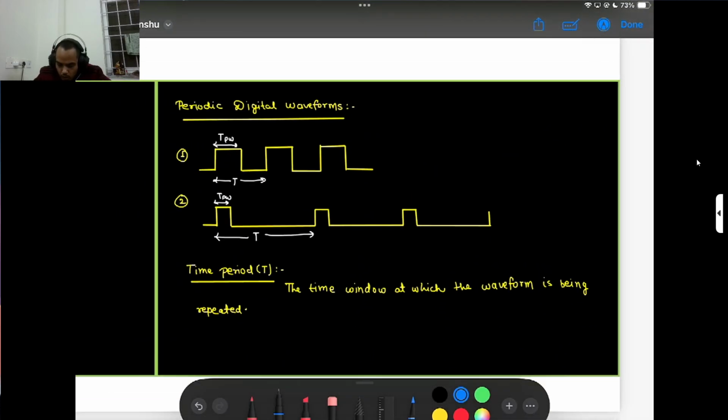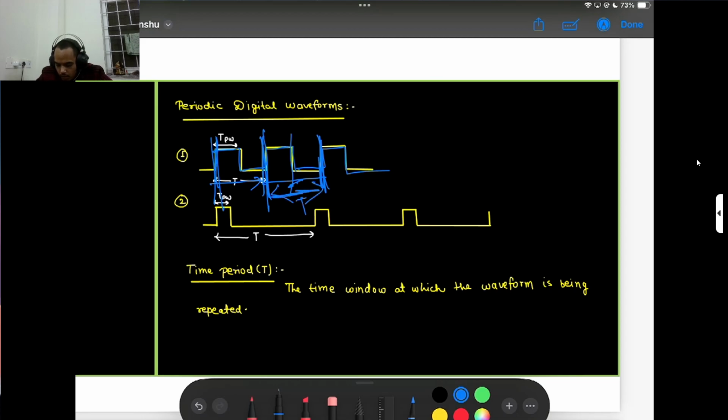And periodic digital waveform, so time period. After a certain time, the clock cycles are the same in every cycle, and it repeats after a time. So this is my one clock cycle, from here to here. This is T again, from this to this, so this is another clock cycle.